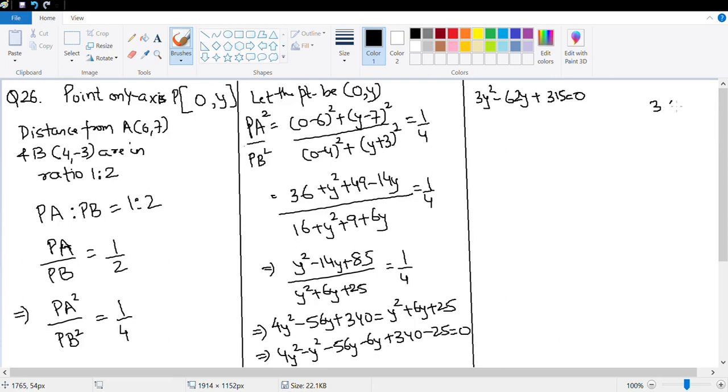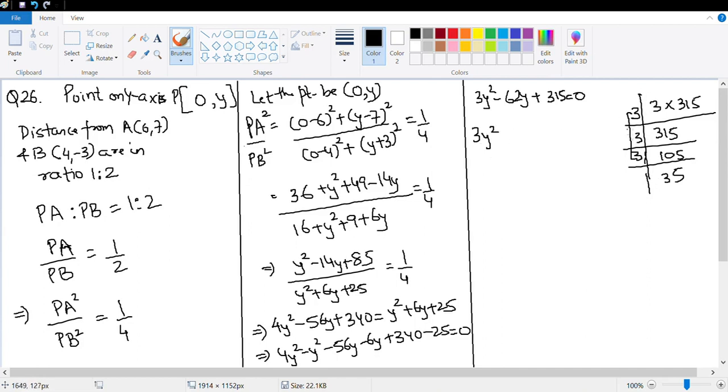I need to find factors. So 3 is the first one, 315. 3 again, that's 105. No, I still need to go further. This will be 3, this will be 3, 9, 15, 35. Let's see if this works. 27 and 35, that's 62. Perfect. So now I get my factors.